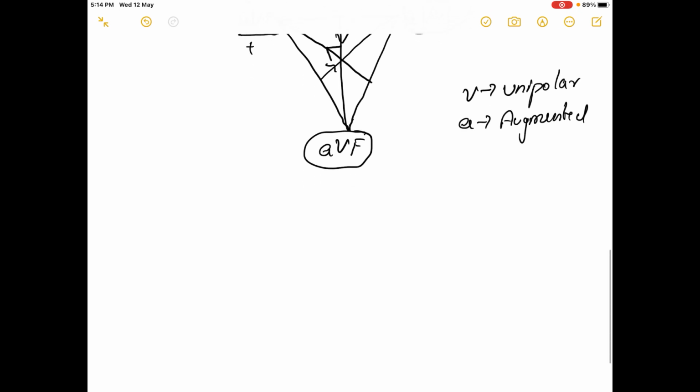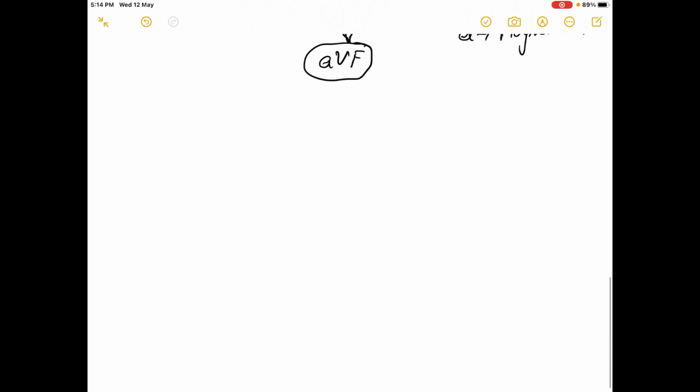Now coming to chest leads. We have 6 chest leads, and all the chest leads are unipolar.